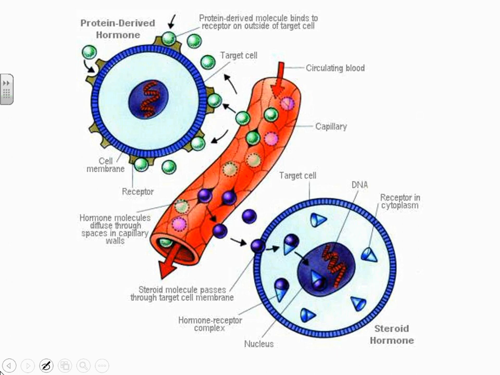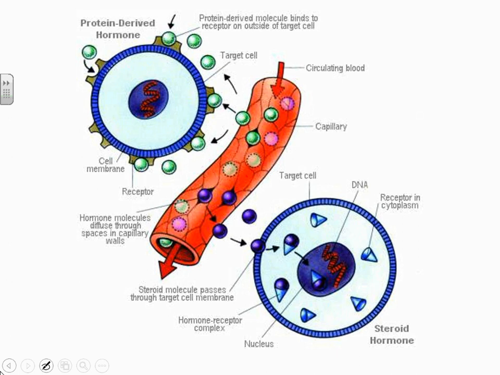On the other hand, we've got the ones down here at the bottom right. We've got steroid hormones. And steroids are related to fats, lipids. They're produced by the smooth endoplasmic reticulum. And they are somewhat different because, being related to fats, they can dissolve their way through the phospholipid bilayer.